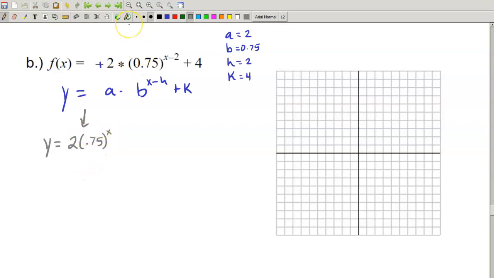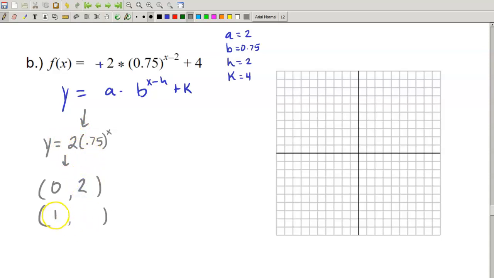The same function that we start with, and I'm going to grab 2 key points from this function. I'm going to start with 0 and 1 for my x values. If I plug in 0, I always get whatever my a value is, which in this case is 2.